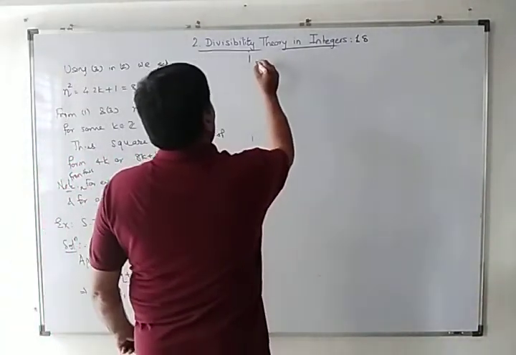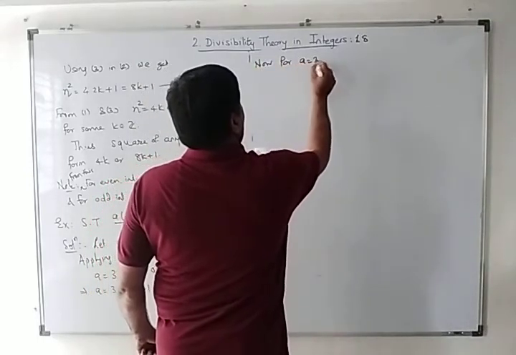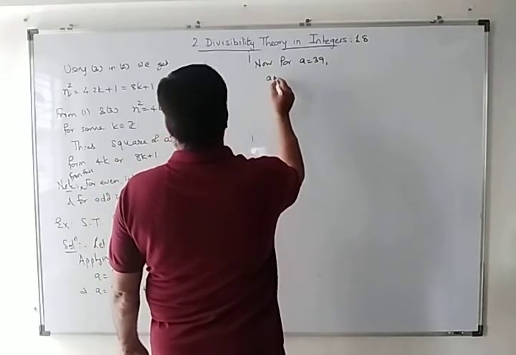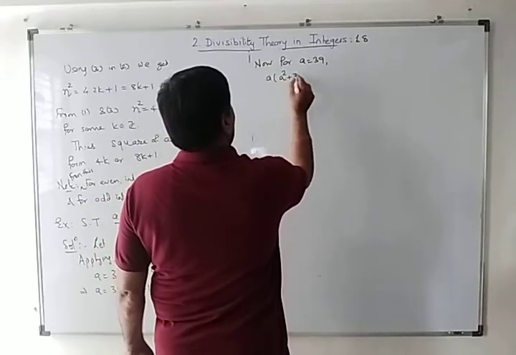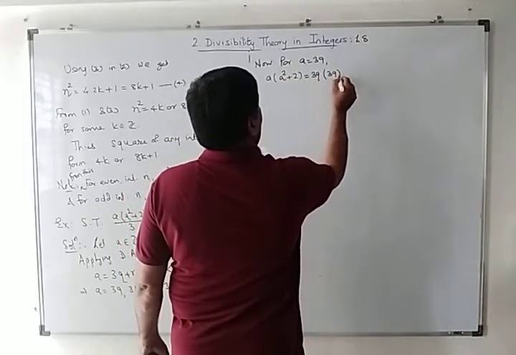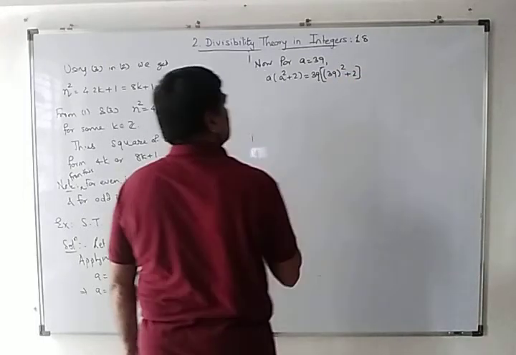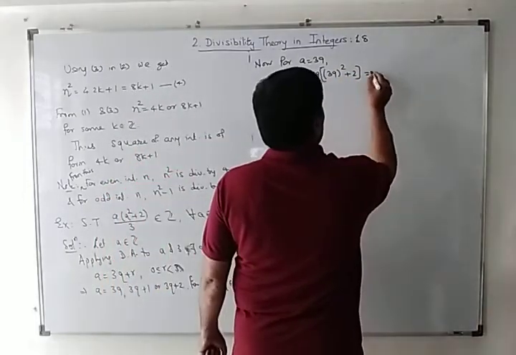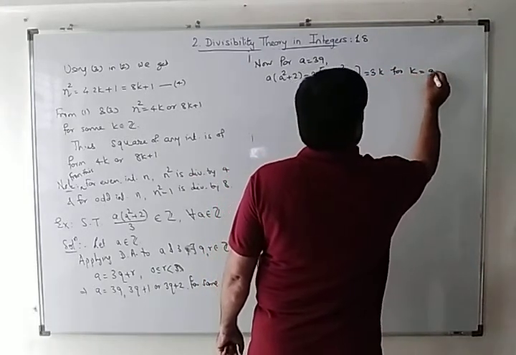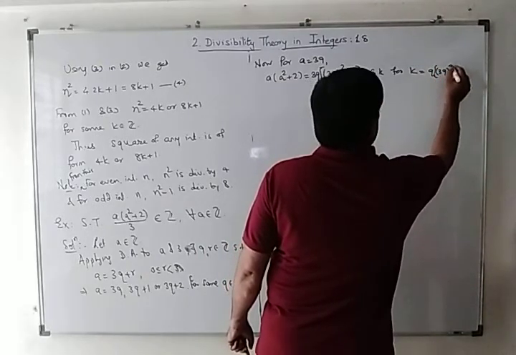Now for a equal to 3q, a into (a square plus 2) is equal to 3q into ((3q) square plus 2), which is 3 times k, for k equal to q into (3q square plus 2).